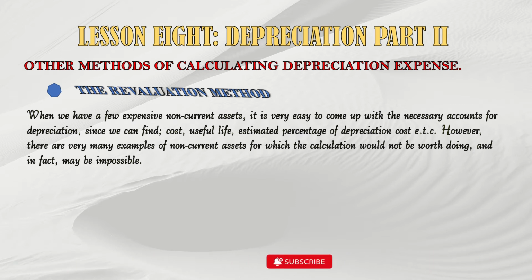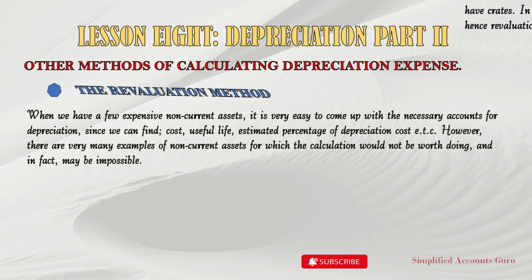Some businesses may have very low cost non-current assets, meaning that the assets' costs are very immaterial, and several of them are owned by the business and controlled. You remember how we had defined what an asset is. It is that resource that is controlled and owned by the business as a result of past economic events, from which future economic benefits are expected to flow to a given organization that owns it.